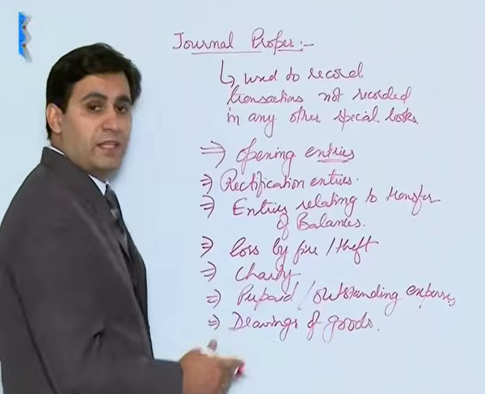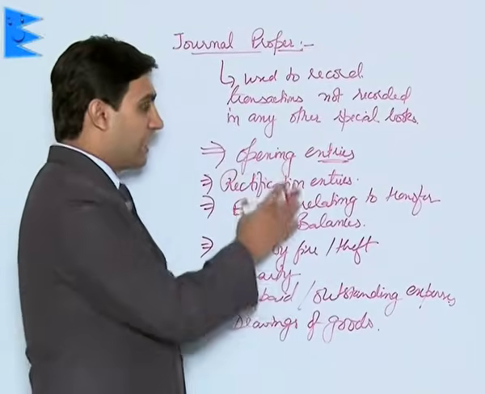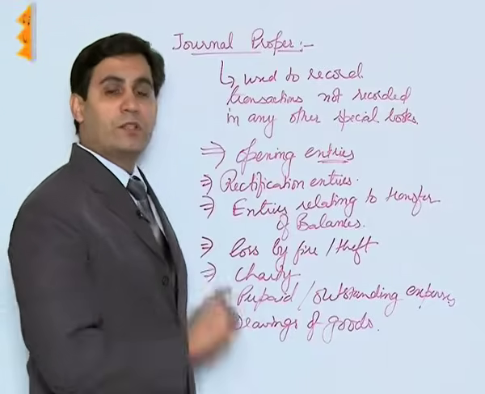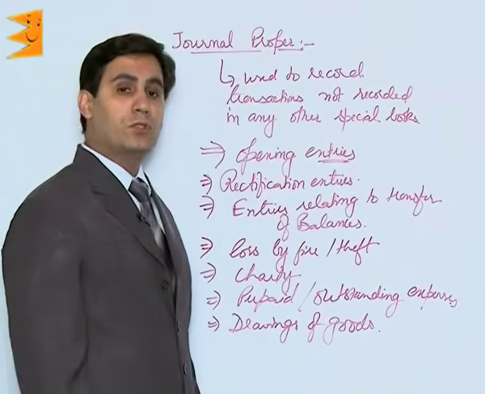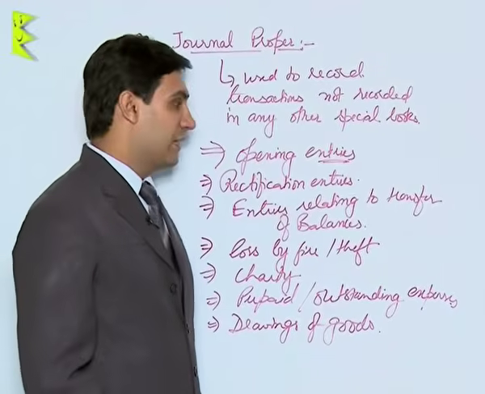Such kind of entries, there can be many more also. So such kind of entries are always recorded in journal proper. There is no other book to record these transactions.